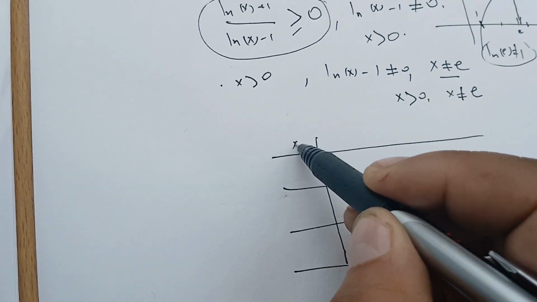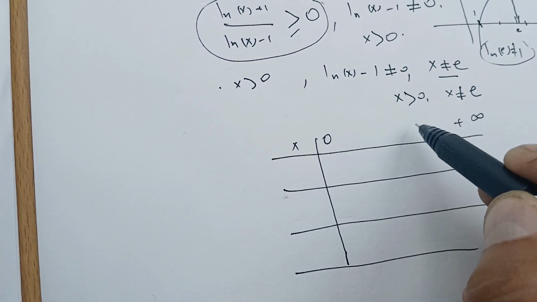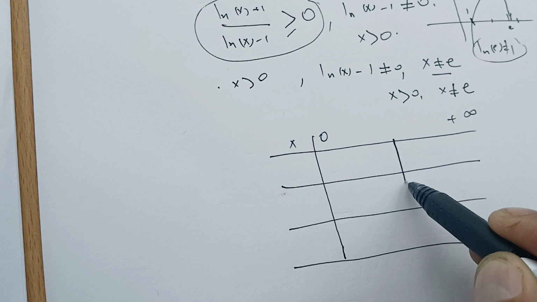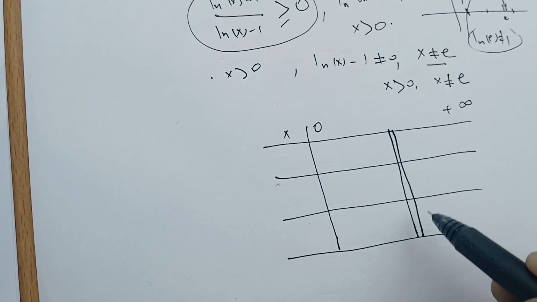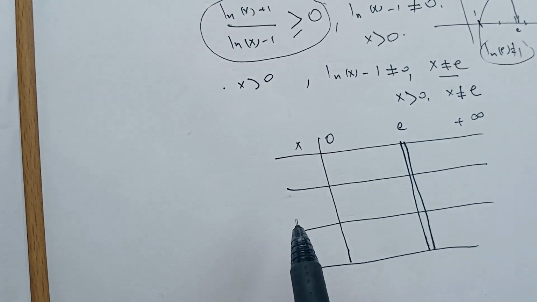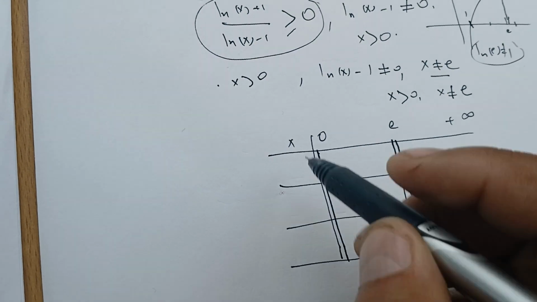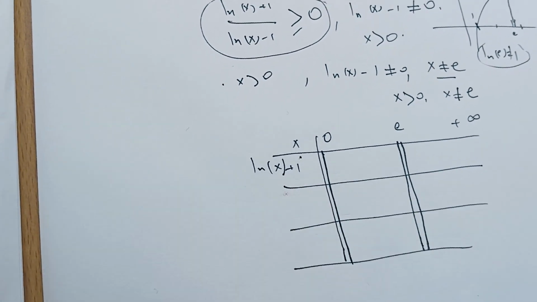So our x is gonna be between 0 and plus infinity, with one condition, that x can't be equal to e. We have 2 lines for that. So this is to remind us that x can't be equal to e, and the 0 is excluded as well. So here we have ln of x plus 1 and ln of x minus 1.